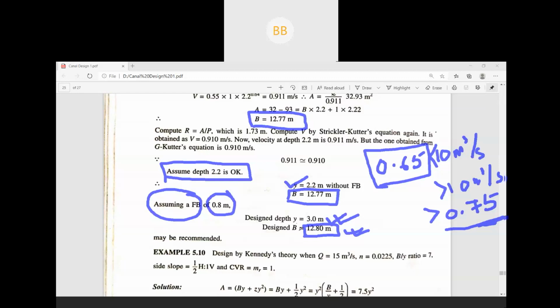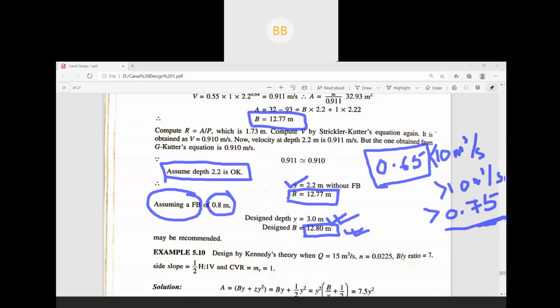So this is the whole procedure of how you are going to design a canal, or you can say for mobile boundary using Kennedy's theory. This is quite difficult to solve manually, so we use software called MATLAB for solving such complex numericals, where we have a trial and error method, and where we can go for a number of trials.